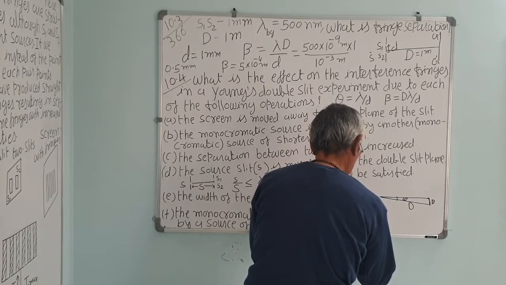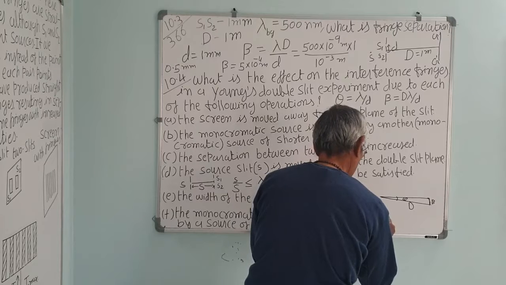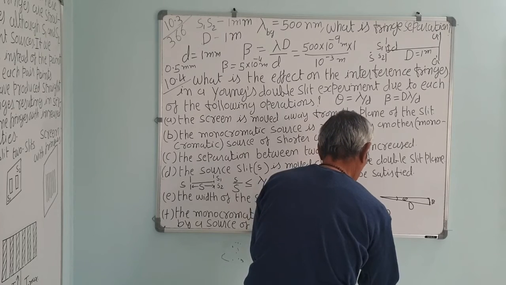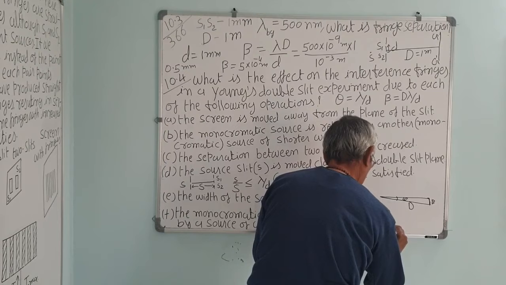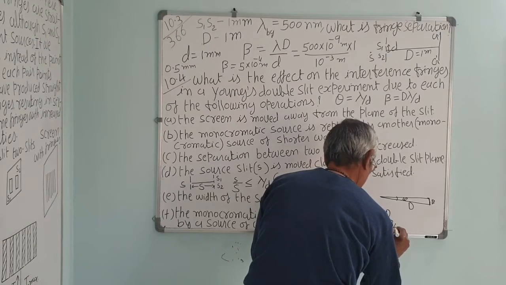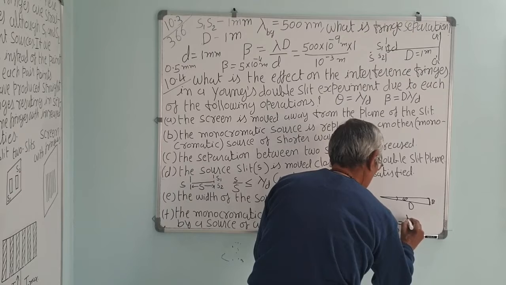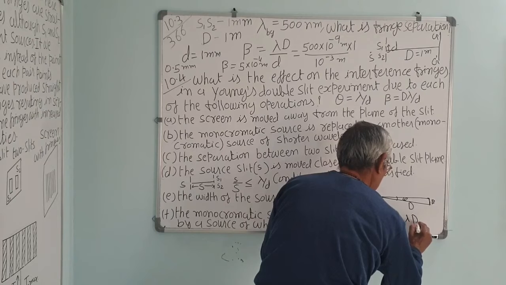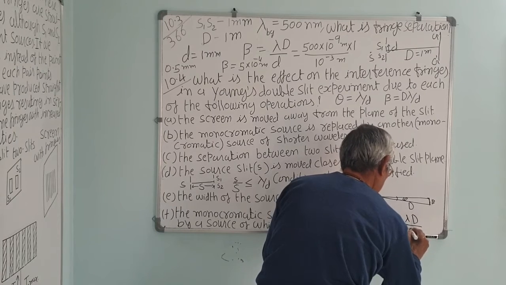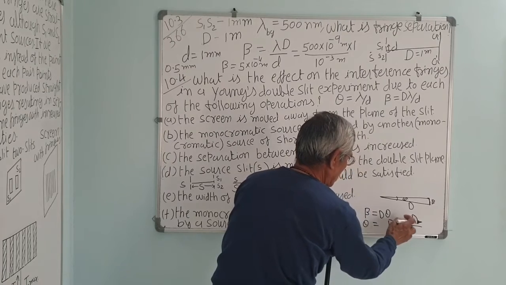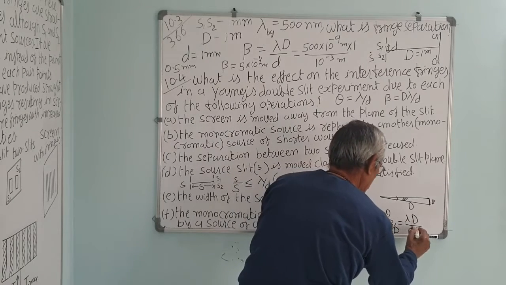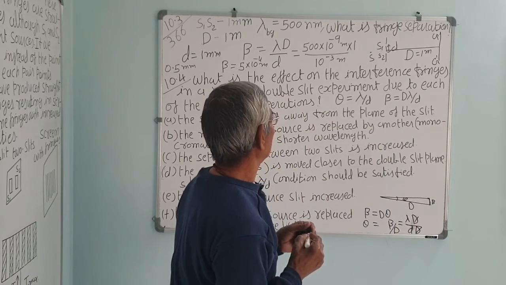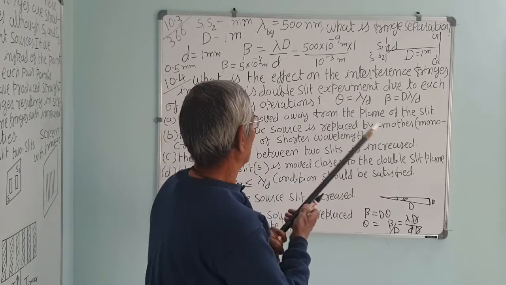So beta is equal to D theta, or theta is equal to beta by D. Beta is equal to lambda D upon d. So beta by D is lambda D upon d by D, that is D will be cut. So angular separation will be lambda by d. Remember this equation, lambda by d.